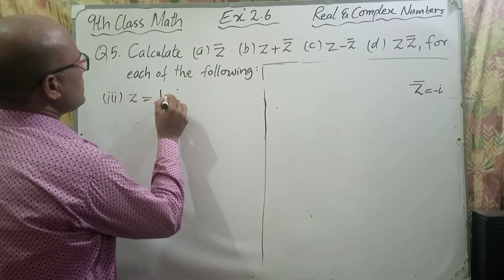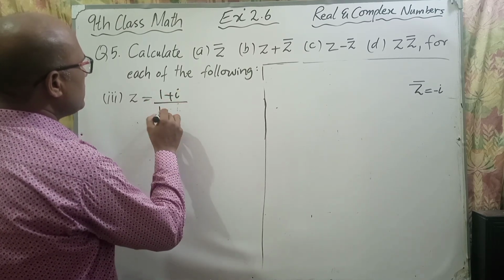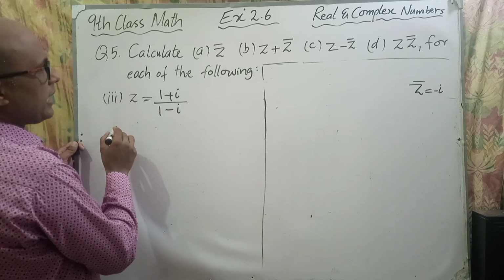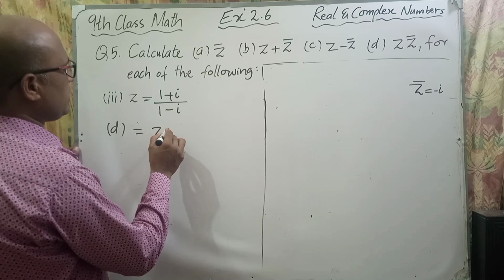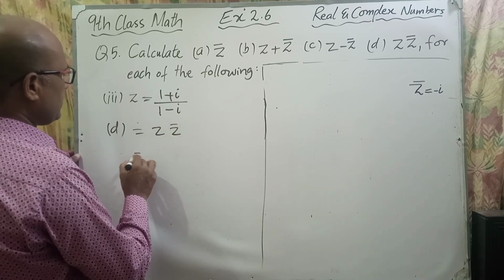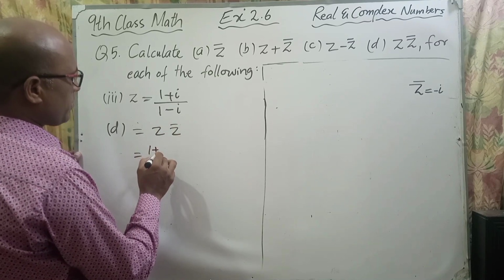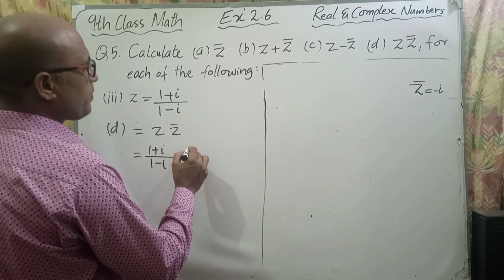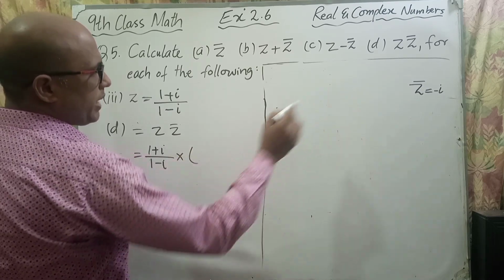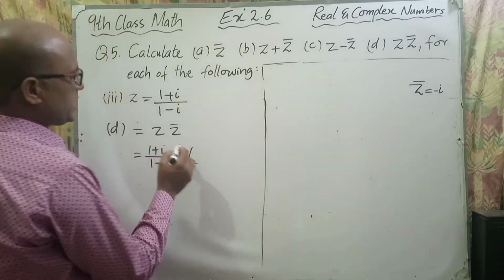In D part, we have Z into Z bar. Putting the values: 1 plus iota over 1 minus iota multiplied by minus iota, the value of Z bar.